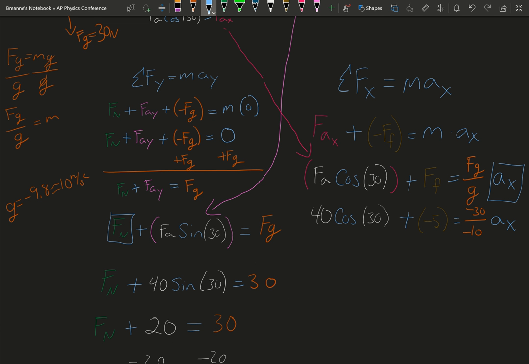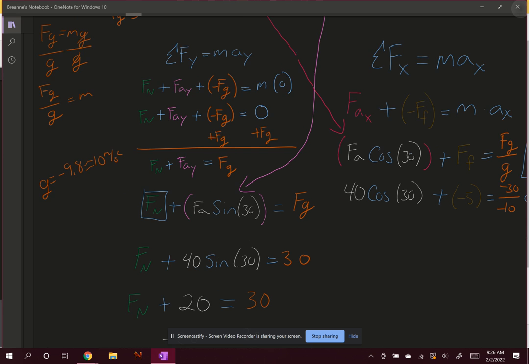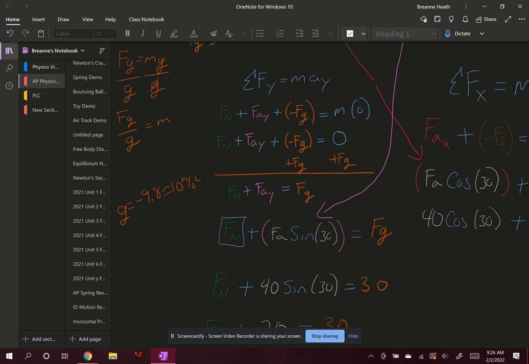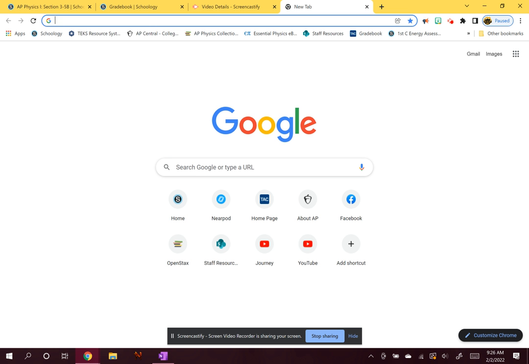So now we just kind of plug in. So we plug in our 40 cosine of 30. And I can't do that in my head. The reason I was able to do the 40 sine of 30 in my head is because sine of 30 is 0.5, but we can go to our calculator here.